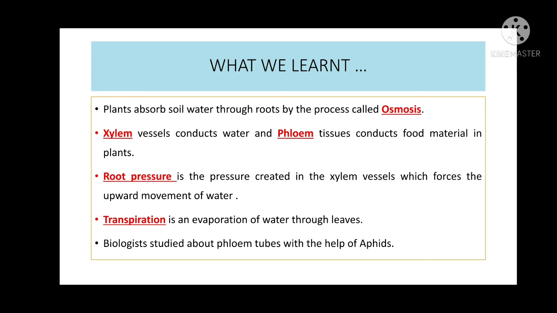Root pressure is the pressure created in the xylem vessels which forces the upward movement of water. Transpiration is the evaporation of water through leaves. Biologists studied phloem tubes with the help of aphids. Try to answer the questions given in this worksheet.